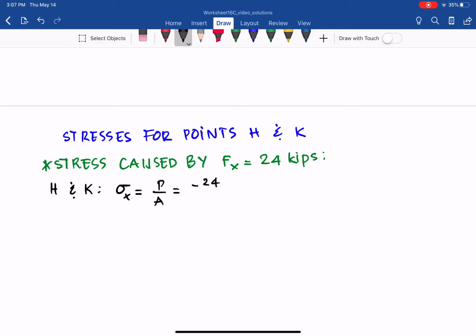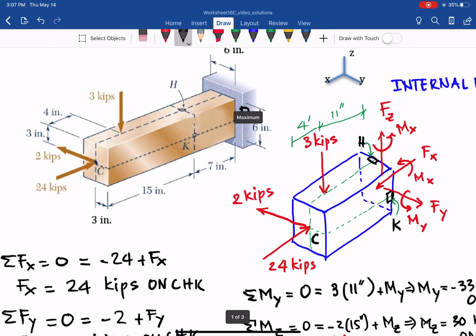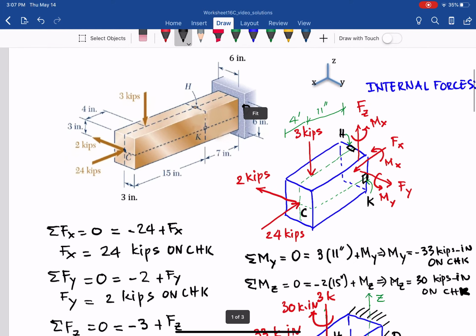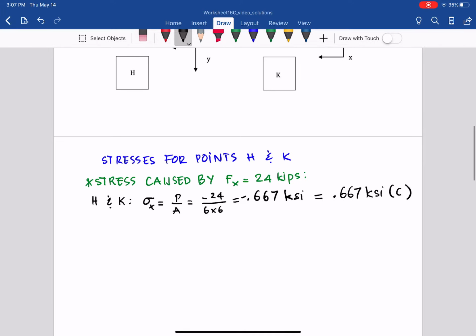So 24 divided by the area, 6 by 6 inches, a square. From that we find sigma x equals negative 0.667 KSI, or 0.667 KSI in compression.